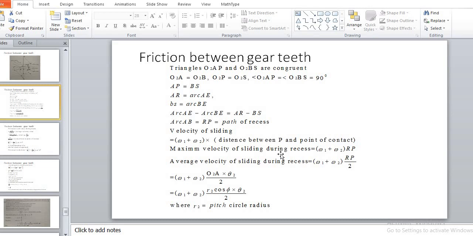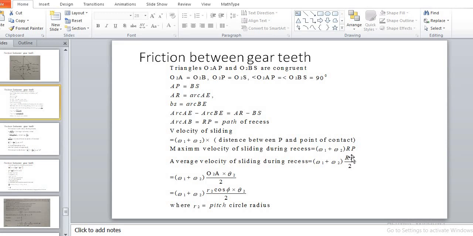So the maximum velocity of sliding during these races we can consider as (omega 1 plus omega 2) RP. Average velocity is nothing but this divided by 2.